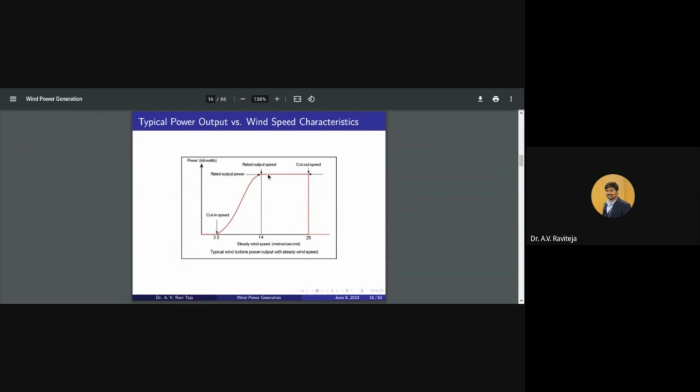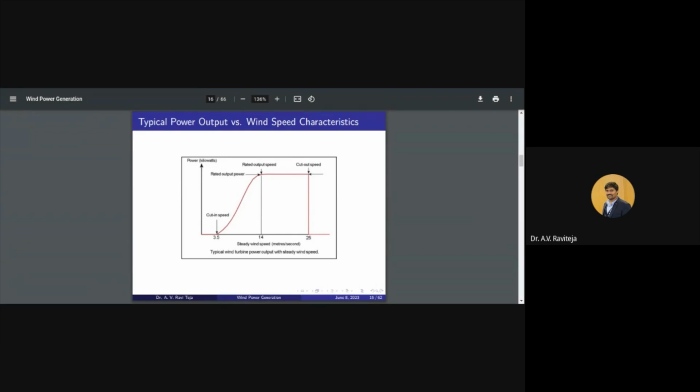So to some extent I can do pitch angle control and see that rated output power or ratings are not violated. And then once I reach a wind speed higher than the so-called cutout speed, I have to do some mechanical arrangement to lock the blades from further rotation. Right?